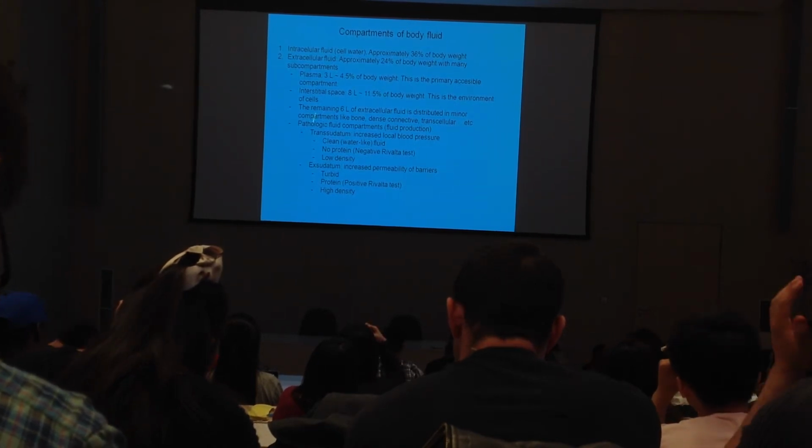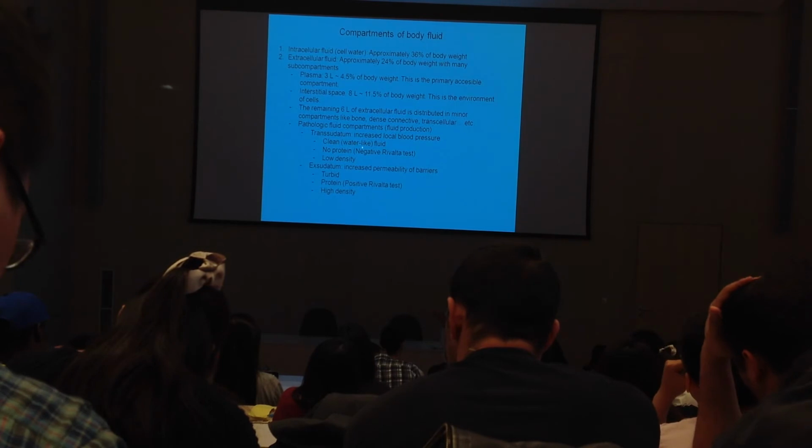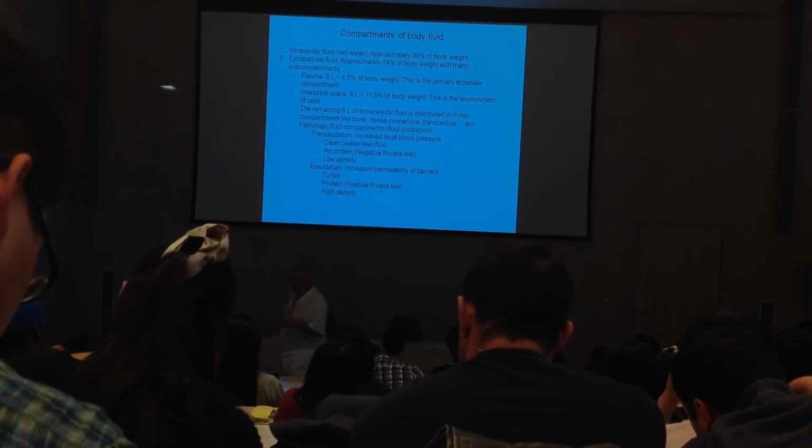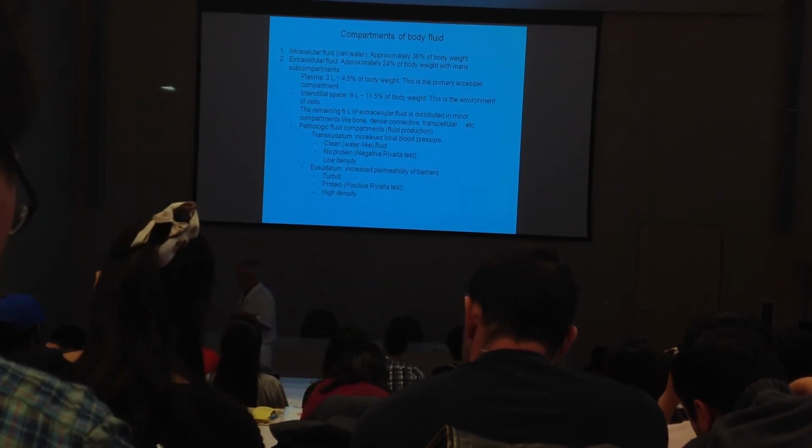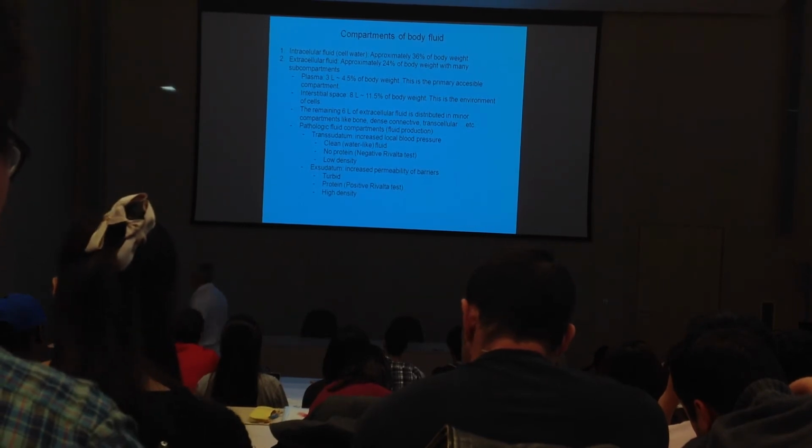Usually this fluid is clean, looks like water, no proteins, and the density is very low. So this always originates from high intravascular pressures, which filter out the fluid directly from the plasma.